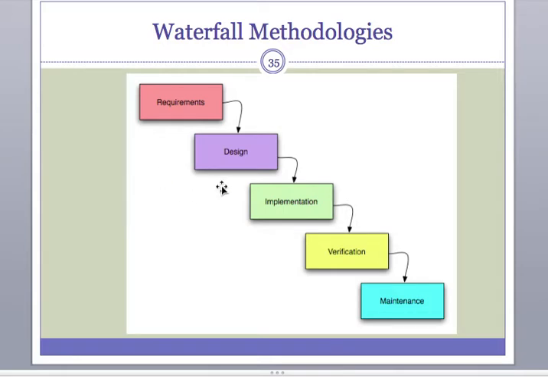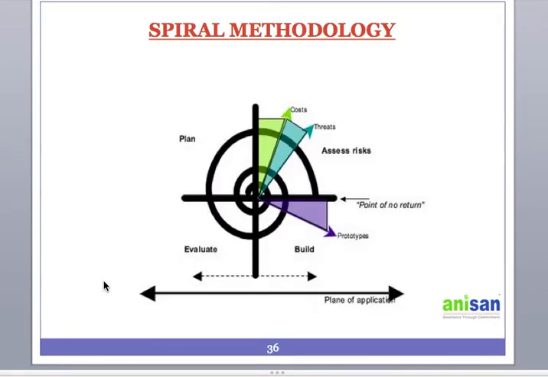This is how the waterfall will look to you, the cascading effect, right? And this is how the spiral looks. If you remember earlier, we talked about plan, assess the risk, build, and evaluate.